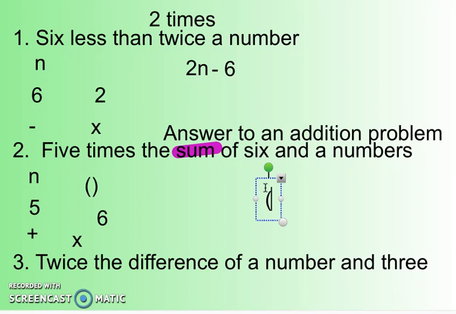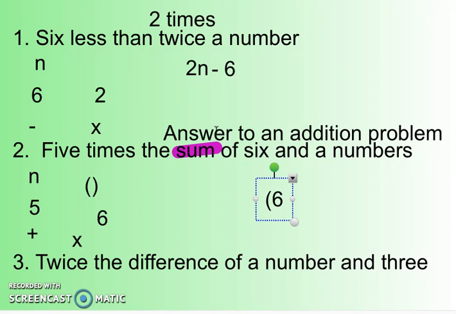So let's start off, let's do the parentheses first. What problem do you think would be inside the parentheses after reading this? It says 5 times the sum, and look at this key word, of 6 and a number. Which numbers do you think we're going to add to find the answer?